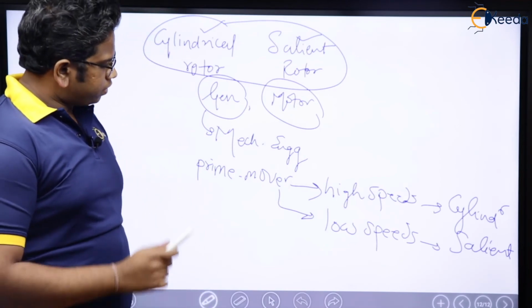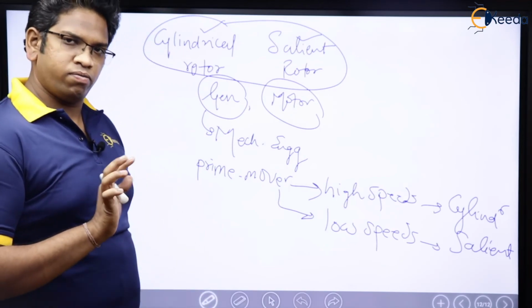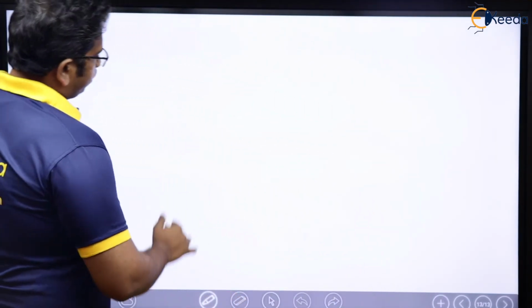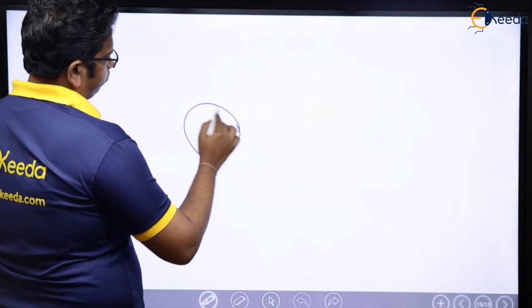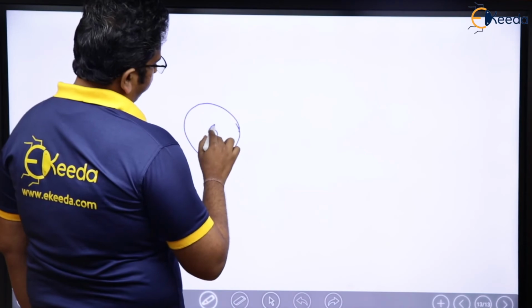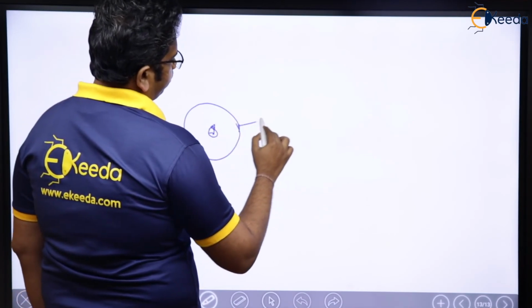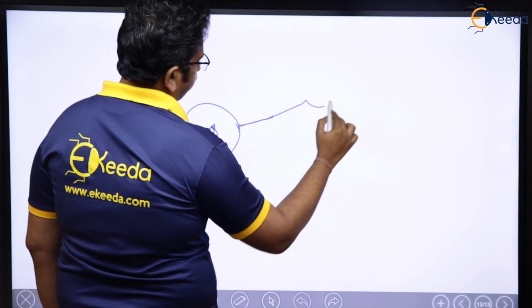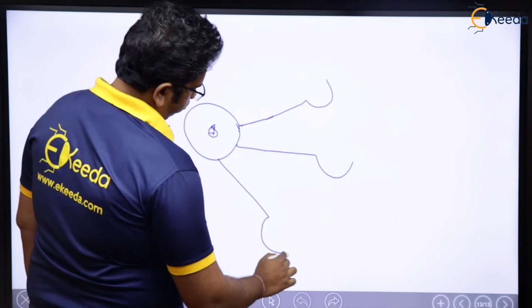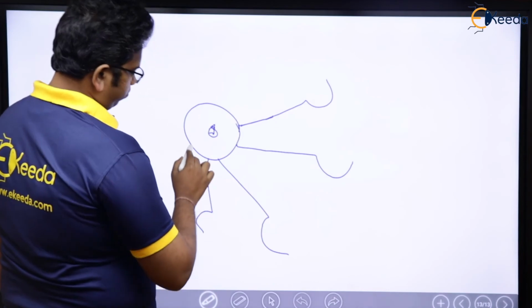Now, let us focus on prime mover for some time. Let us think of prime mover. I have this hub, rotor only, for example. And let me have this. This is a turbine.